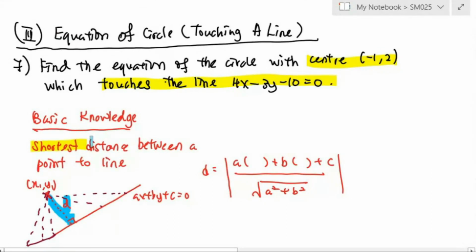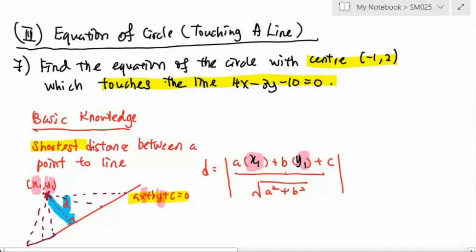What's the formula for this concept? Firstly, your line equation must be in general form, in the terms of ax plus by plus c equals 0. Then the distance between the point x1, y1 and the line will be very easy. Substitute your x1 and y1 into your line equation, where your x will be substituted by your coordinate x1, and the y will be substituted by your y coordinate y1.